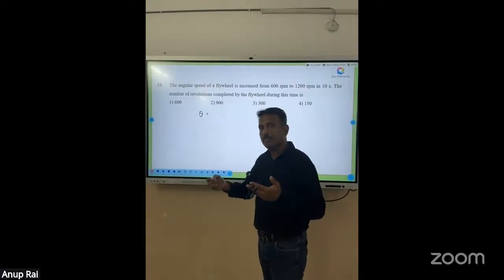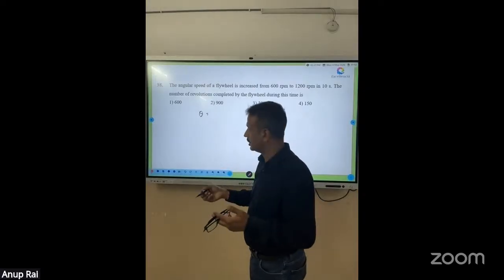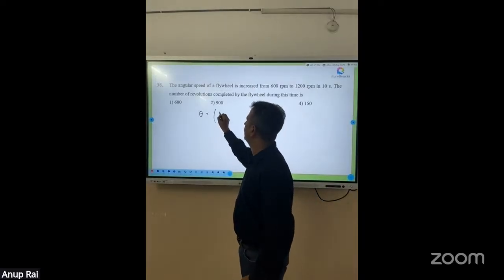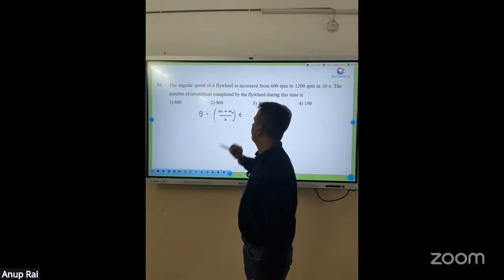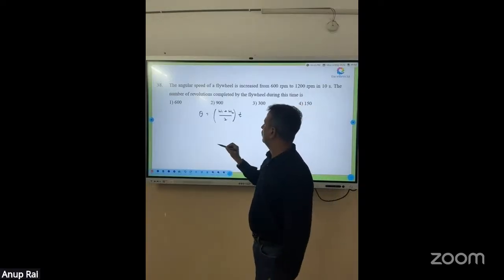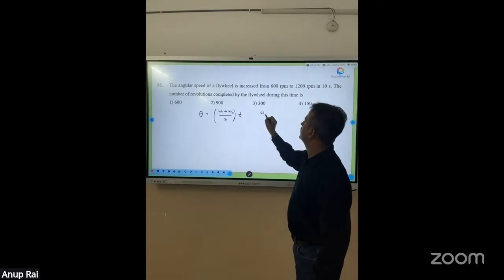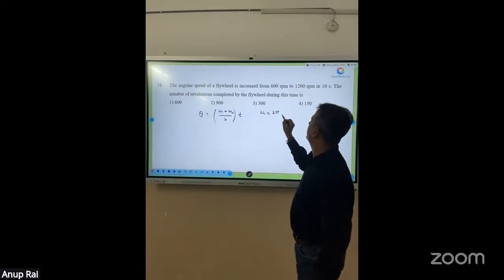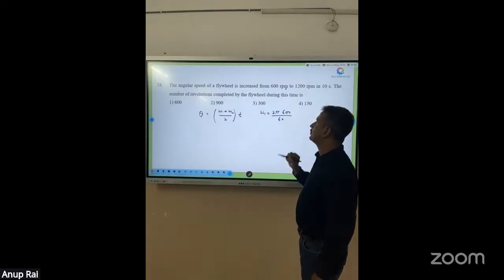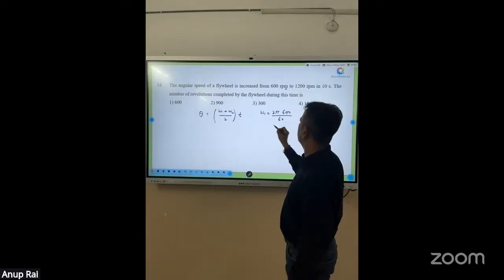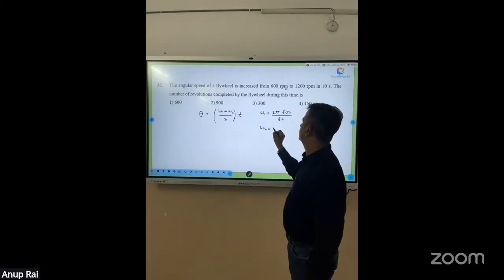Since it is uniformly accelerated angular motion, we can directly use the formula (omega 1 plus omega 2) divided by 2 into t, right? Omega 1 is equal to 2 pi n1, so omega 1 is equal to 2 pi into 600. This is per minute, so convert it into per second. And omega 2 is equal to how much?